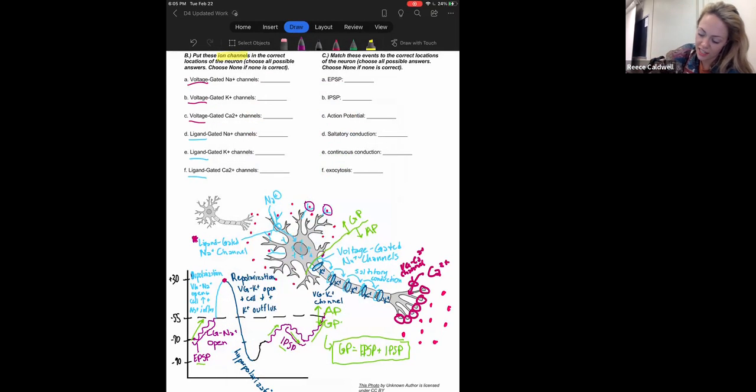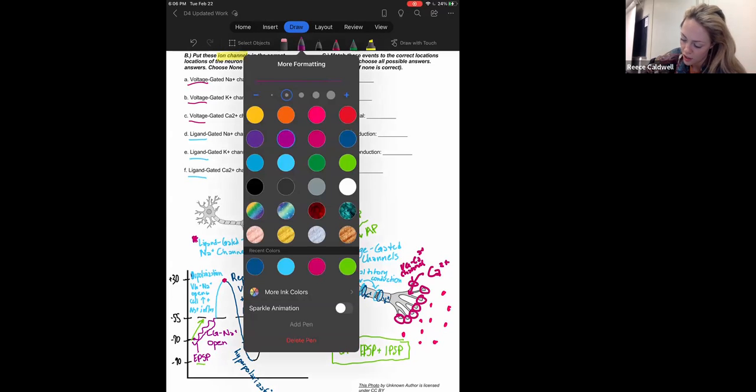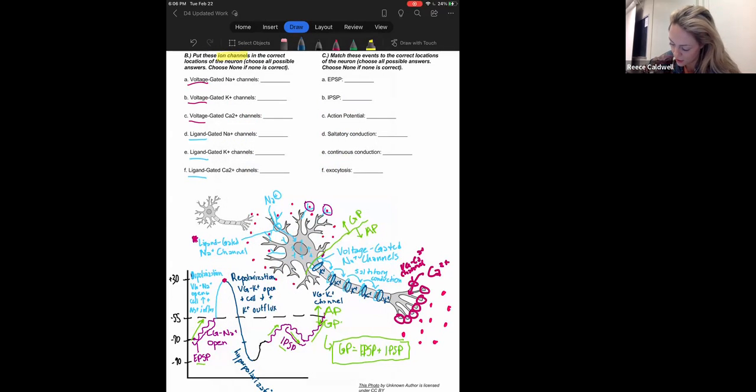We see voltage gated sodium channels at the axon hillock and the axons. Sorry, this color coding has messed me all up. So axon hillock and axons.